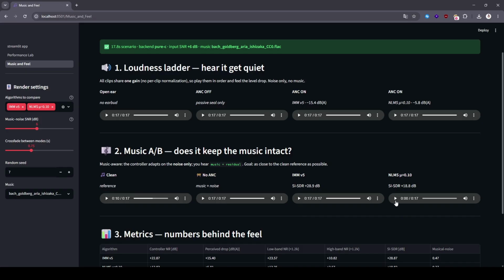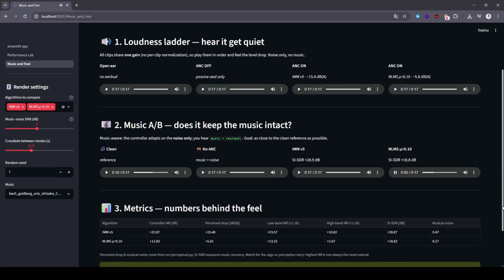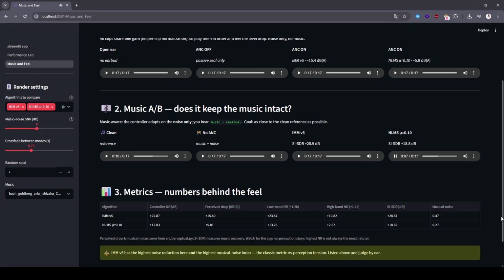And now with the NLMS. The graphs told this to us, but still, when you hear it, you can hear the differences and what we do in practice much, much more clearly.